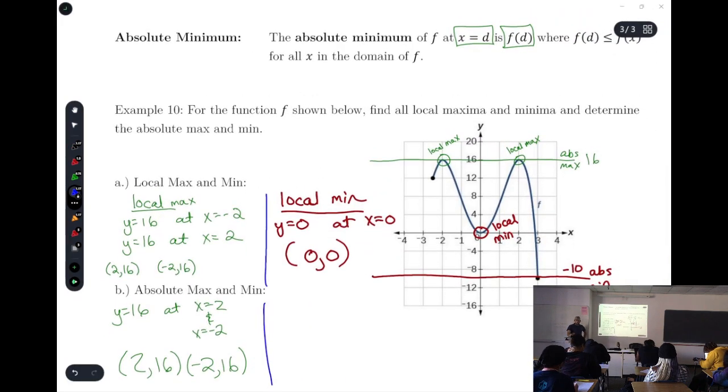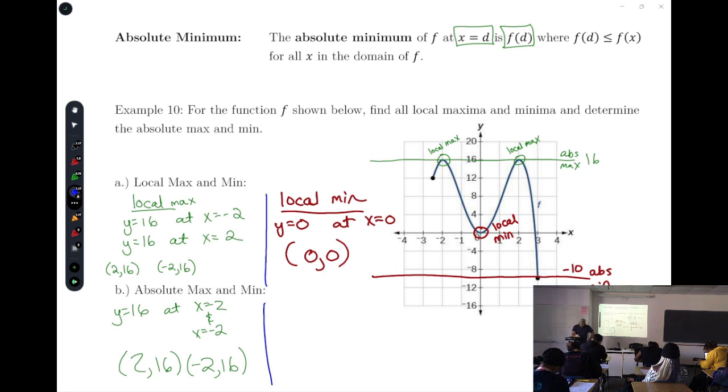Now, if they don't ask you where it occurs, I suppose you're technically fair game to just write the number 16 and call it a day. But I would never do that. I would always tell them I know what this is and I know where it is.